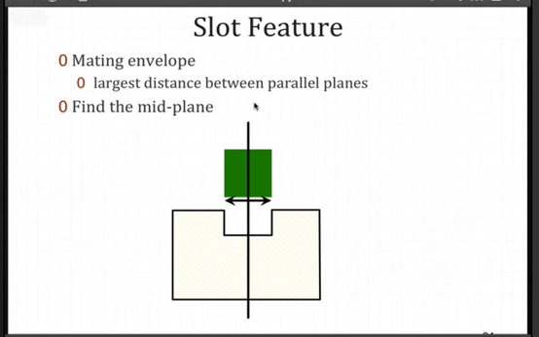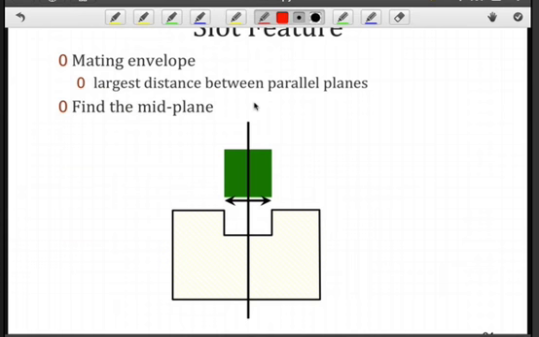Here we have an example of a slot feature looking from the side, and as we know, if we're trying to control the location of a slot feature, what we're really talking about is the midplane. So we're looking down the length of the slot and we're trying to control its location by controlling the midplane.